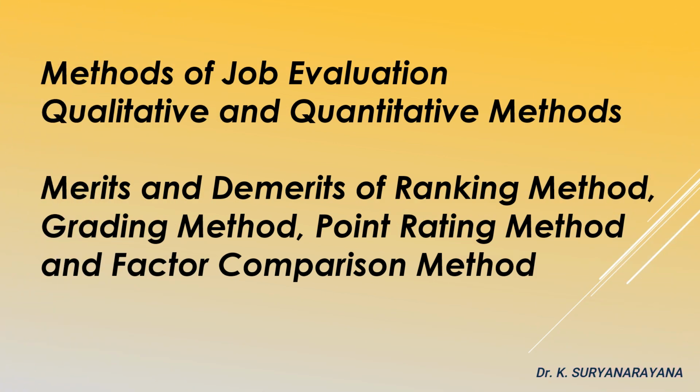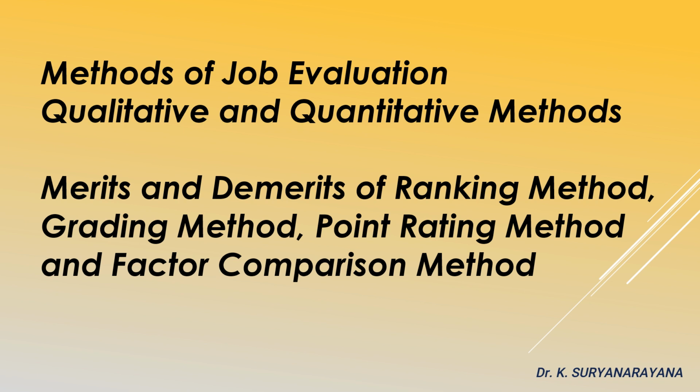Methods of job evaluation: non-quantitative methods or qualitative methods, and quantitative methods. Non-quantitative methods are also called non-analytical or summary systems. They are simple and are utilized for listing the jobs in order of the difficulty.